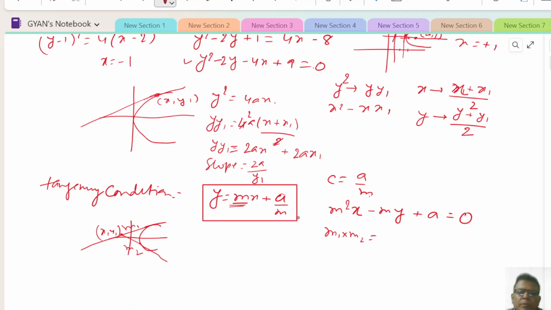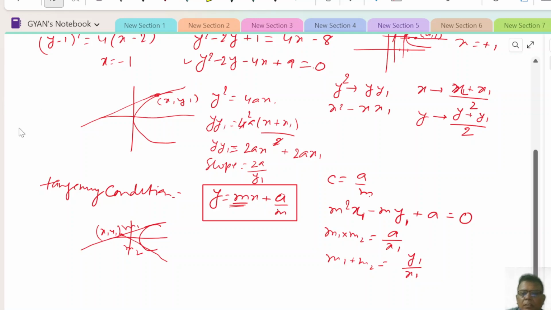So m1 into m2 is equal to a divided by x1, and m1 plus m2 is equal to y1 divided by x1. So this is the tangency condition.